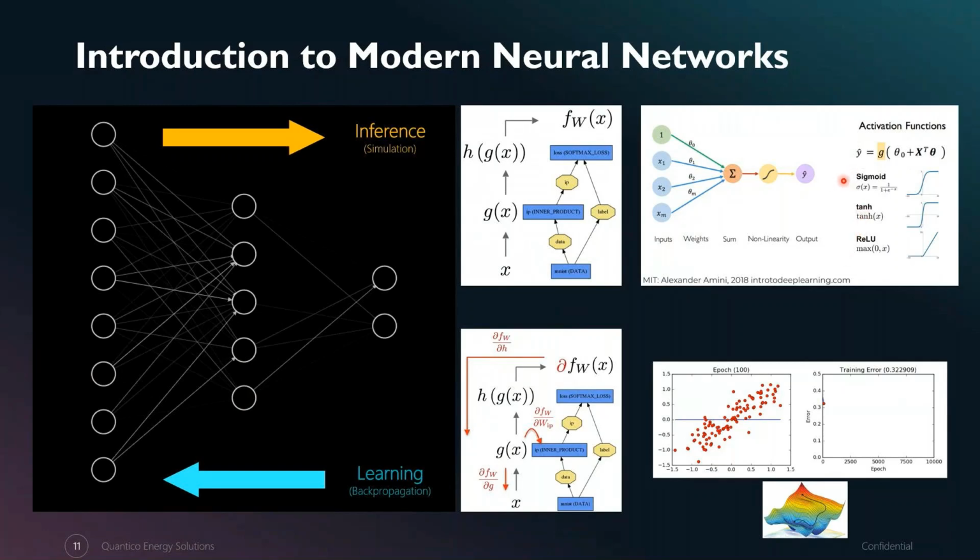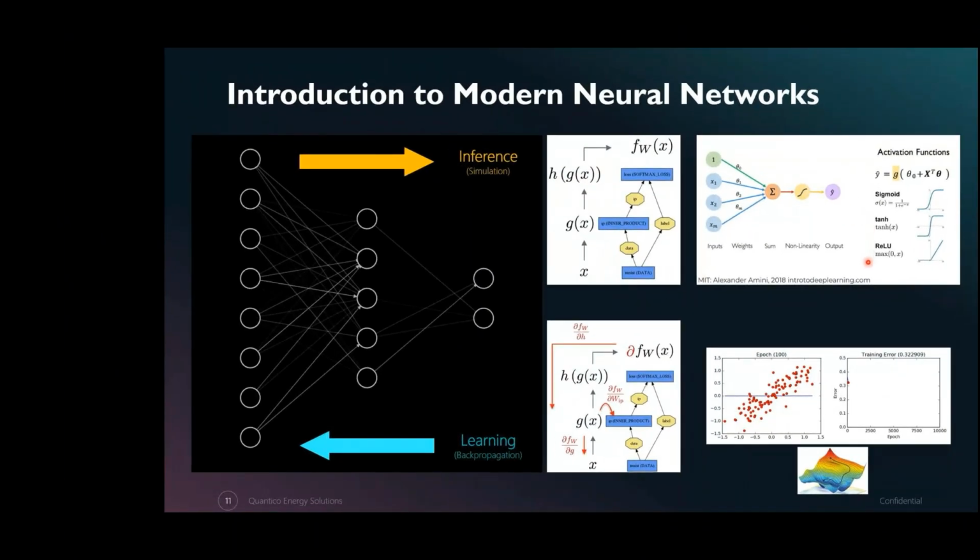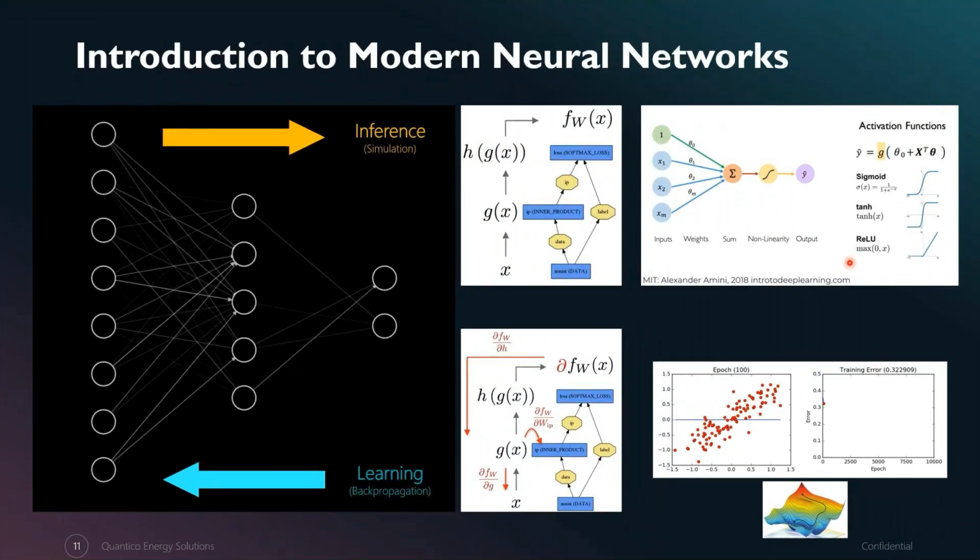The main activation functions that used to be used in neural networks were sigmoid functions, and these days most people mainly use ReLU, which is a rectified linear unit function. I'm not going to get into too much detail, but these were invented to overcome the vanishing gradients problem in deep networks. If anybody's interested, you can look it up.